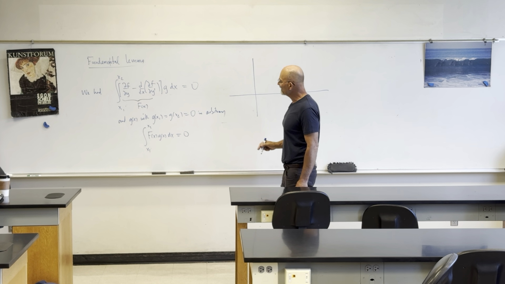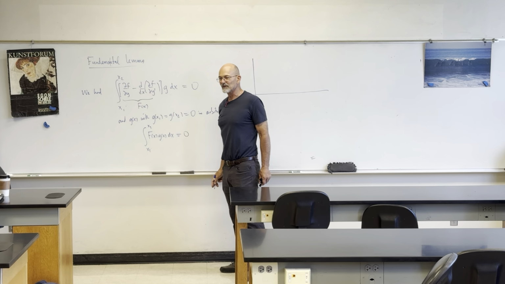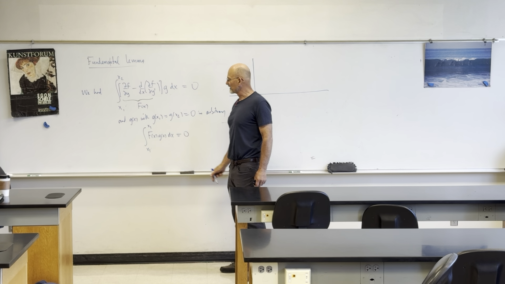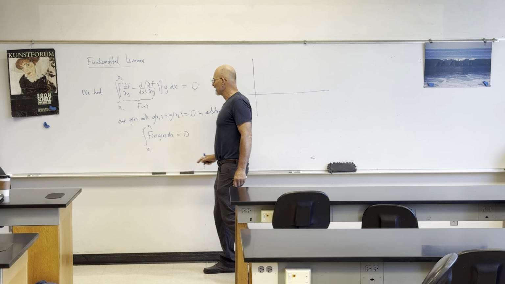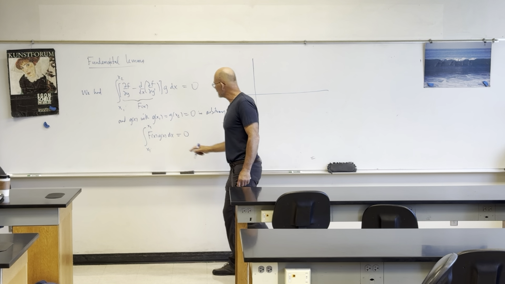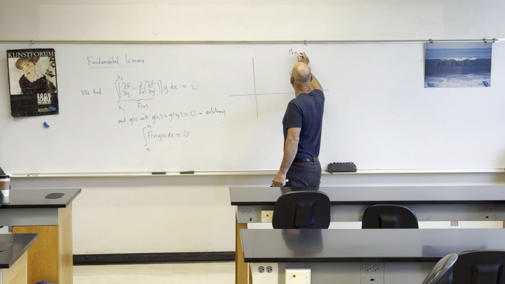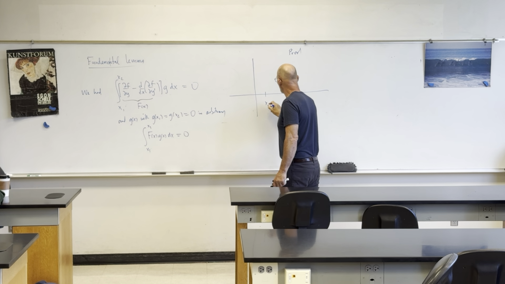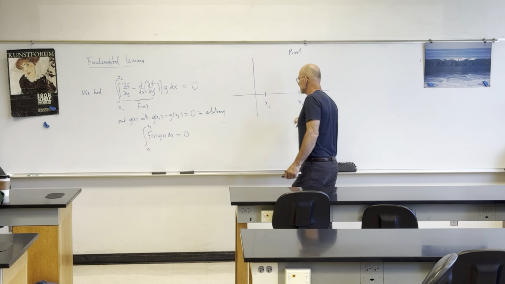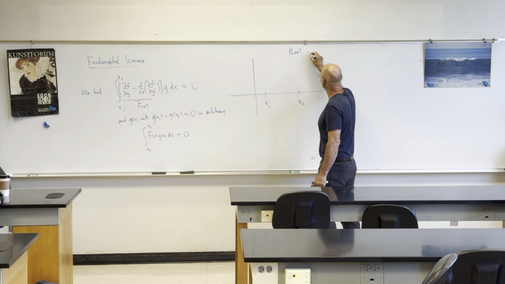Now, we could not say that f of x is just equal to 0 generally. Just because a product equals 0, we can't say that one factor is 0. But because g is arbitrary, it's a little bit different. So the proof is going to be, here's our x1, here's our x2. It's going to be proof by contradiction.